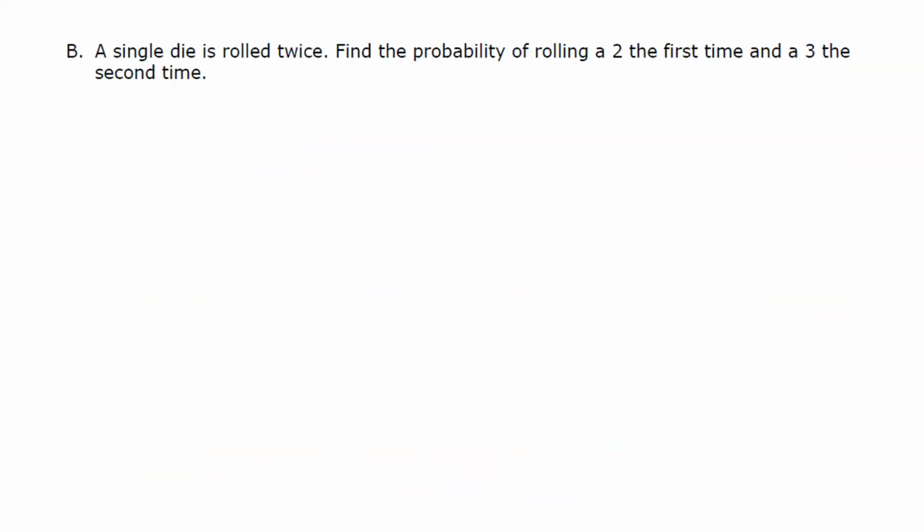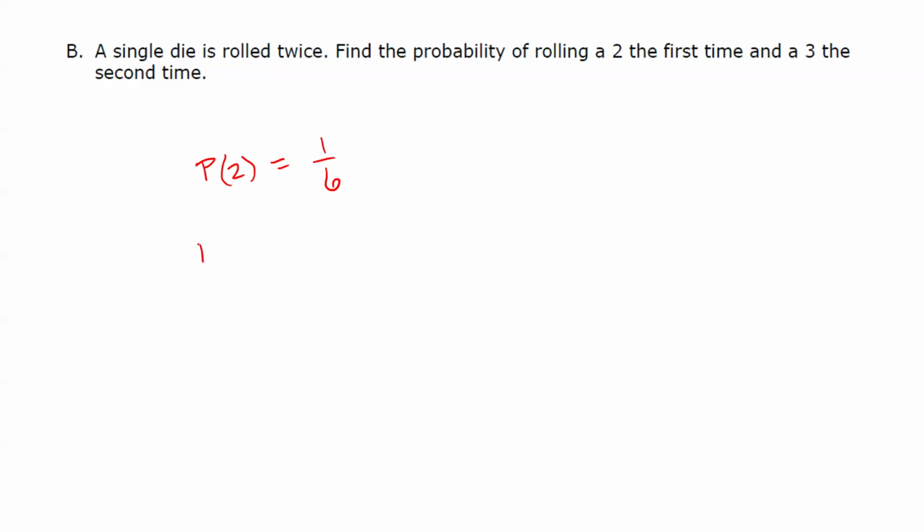All right, a single die is rolled twice. Find the probability of rolling a 2 the first time and a 3 the second time. Okay, so the probability of rolling a 2 is going to be 1 out of 6 because we have 6 sides. Each number is represented one time.